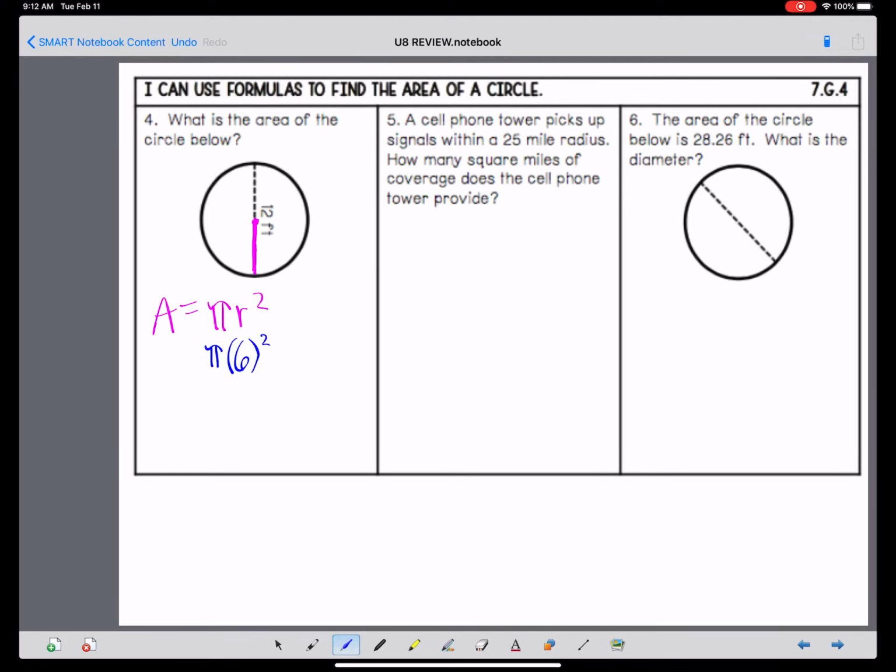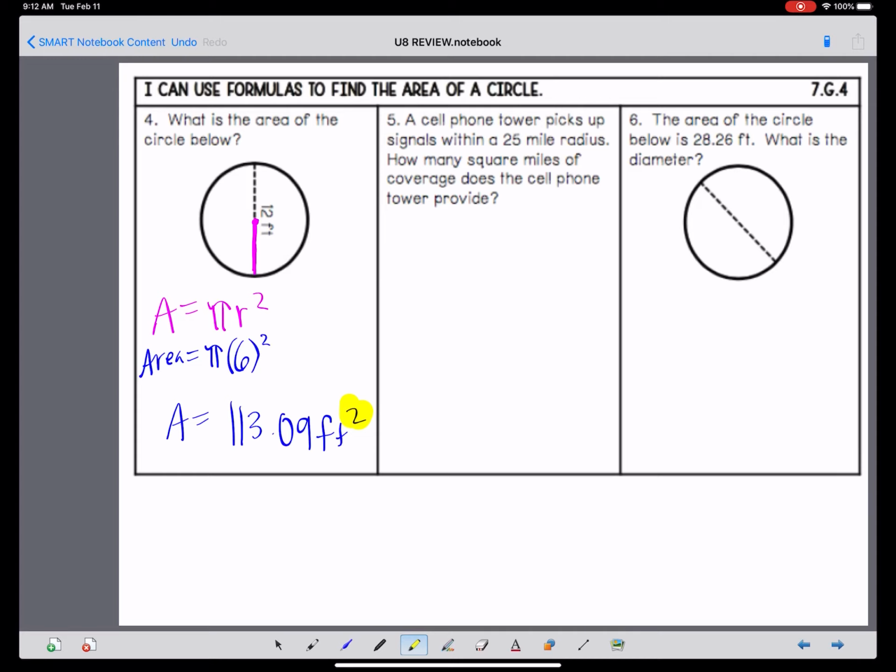Pi times 6 squared, that's going to give you the area of a circle. So I'm going to plug it in. Pi times 6 squared equals 113.09. And that's going to be feet squared. Let me highlight that. You have to remember to square your answer.